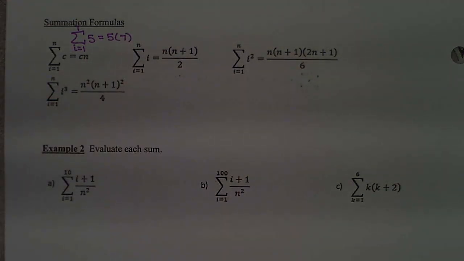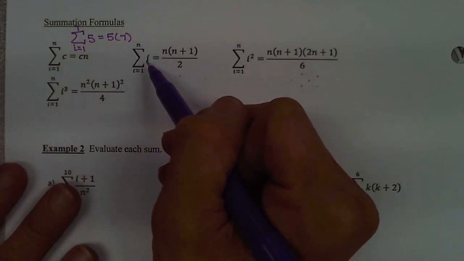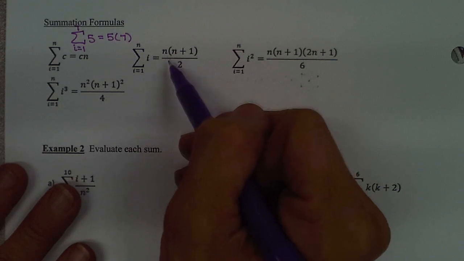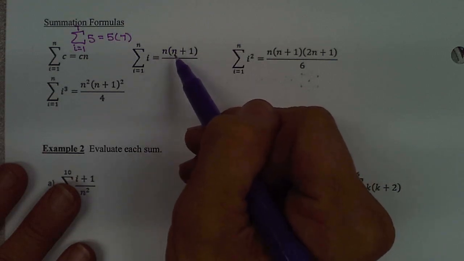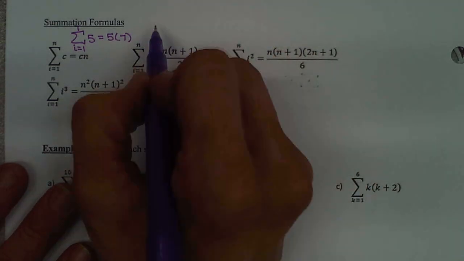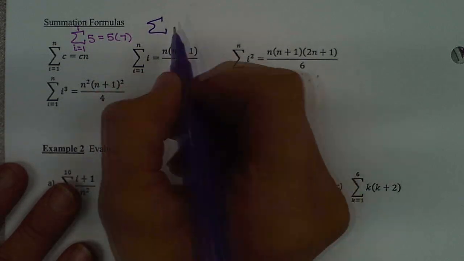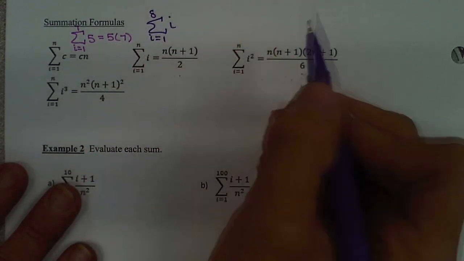For the next one, i equals 1 to n of just an i follows this formula here. So it's the upper limit times the upper limit plus 1 divided by 2. An example for this one would be the summation from i equals 1 to 8 of i.